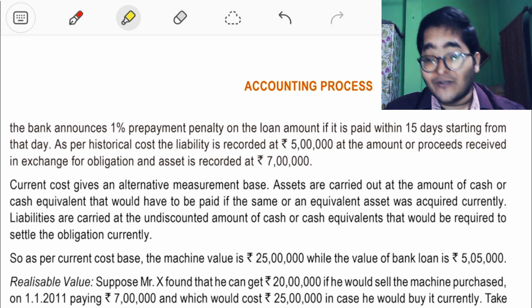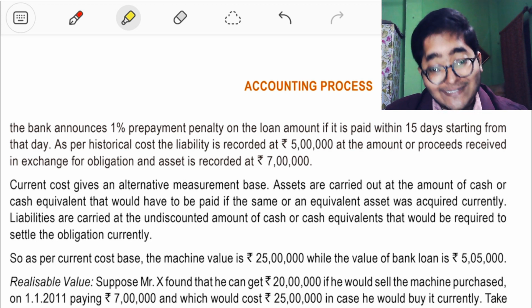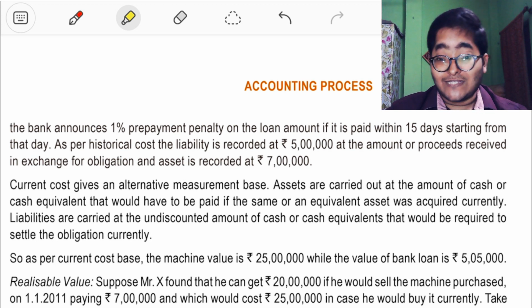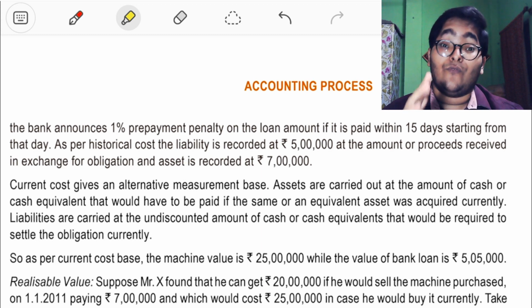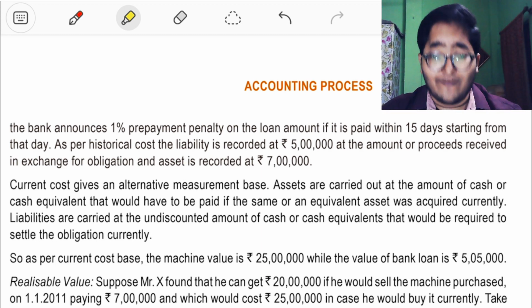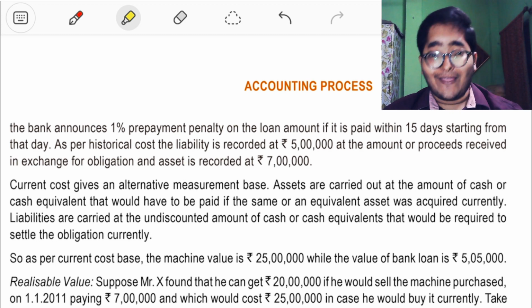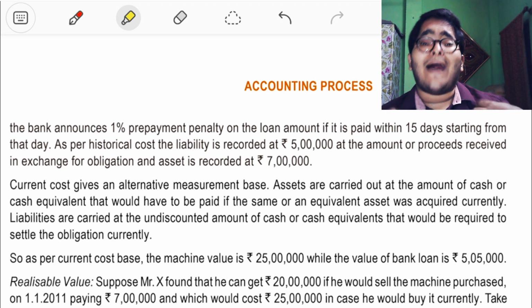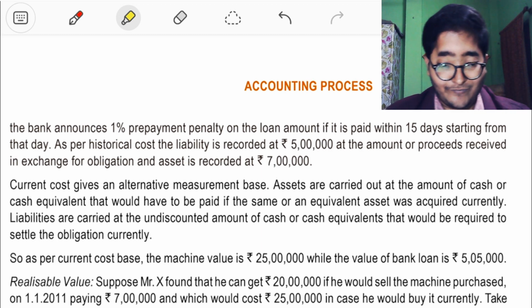An asset is recorded at rupees 7 lakh. So our asset cost me 7 lakh and the loan which I have taken is 5 lakh. Historical cost base is clear.